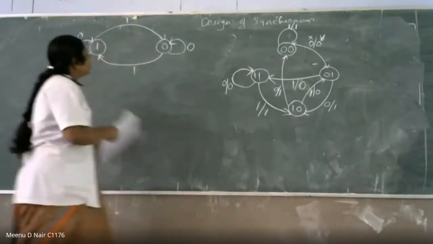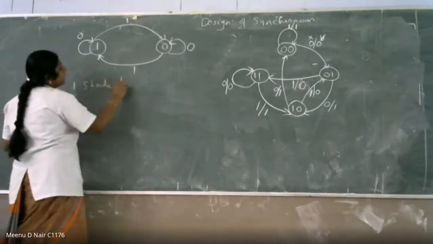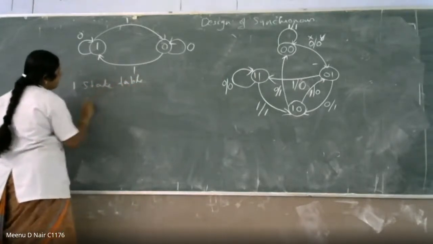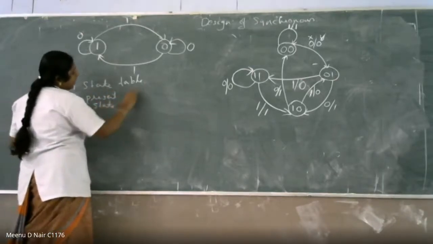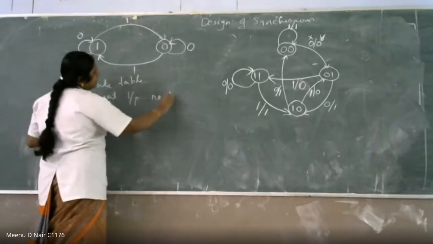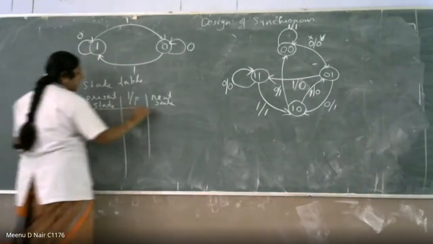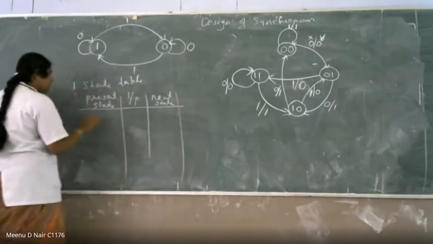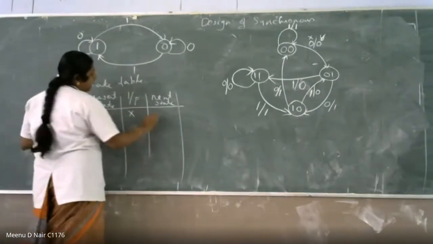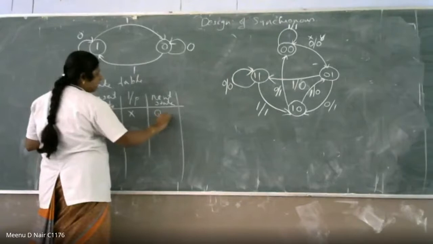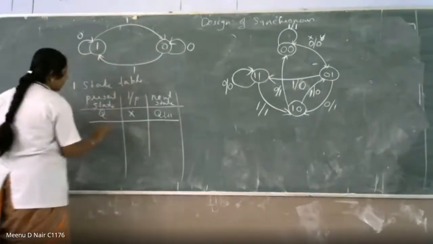So the first step is the state table: present state, input, next state. Because there is no output function here, you need not put the output function. Present state you can represent as Q, input as X, next state as Q(t+1). Consider the first state, 0.